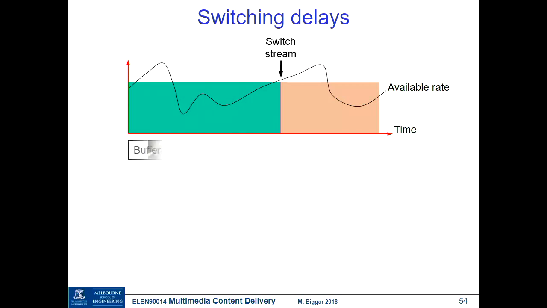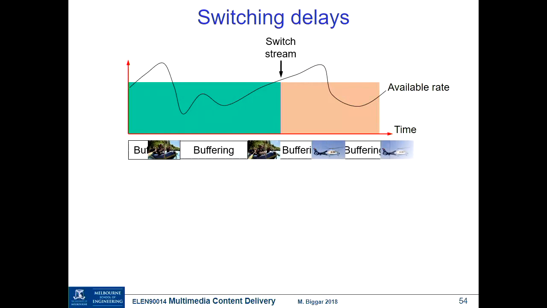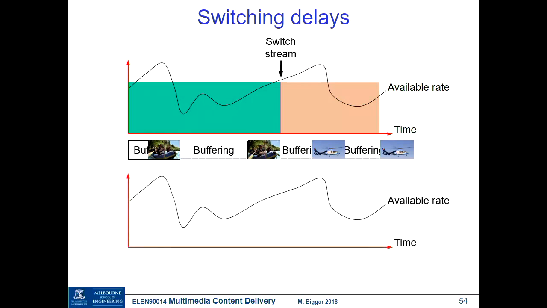So we've got more buffering delays because the network throughput isn't all that good, and at this point we've got to buffer again because we've got to accumulate enough before we can start decoding. With the adaptive streaming, the idea is that we build up bitrate as we can.